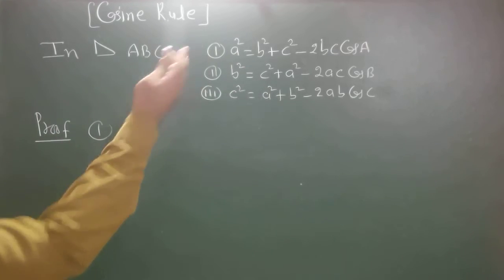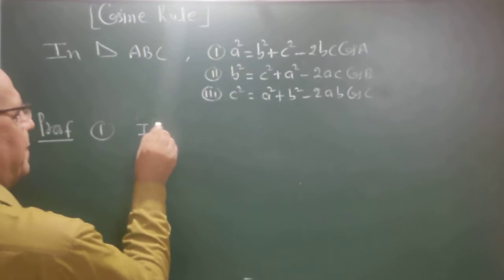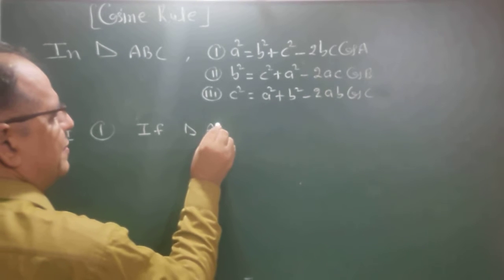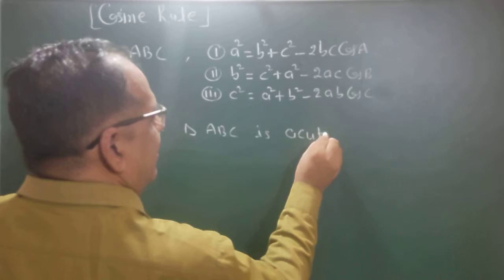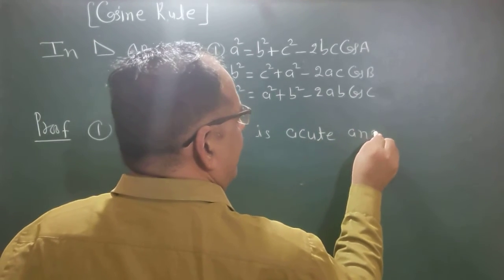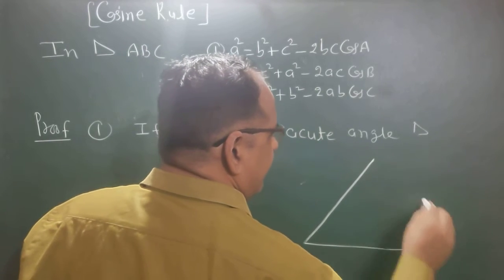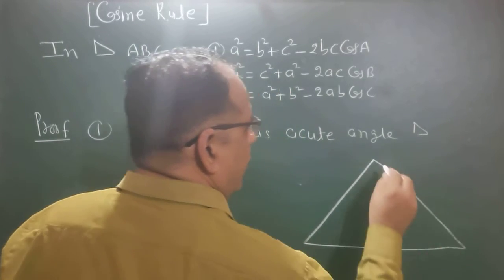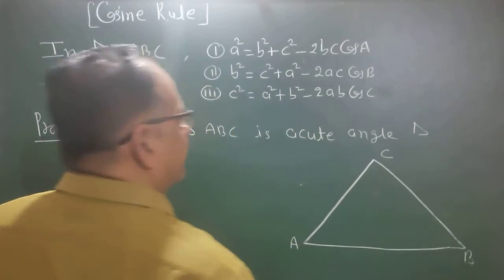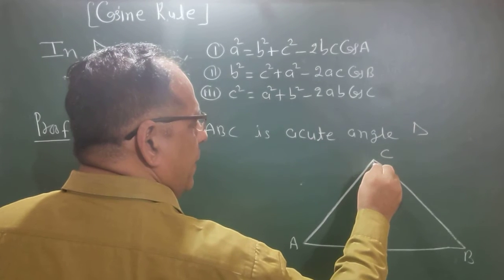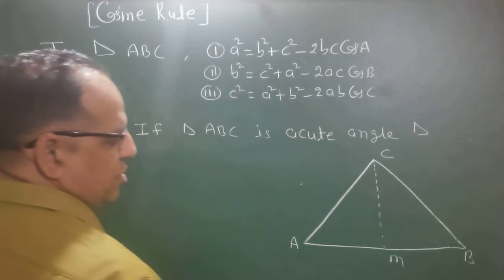So the proof of the first, I am taking the first. Here, if triangle ABC is an acute angle triangle, we take a triangle A, B and C. Draw a perpendicular from C, so here this is CM.